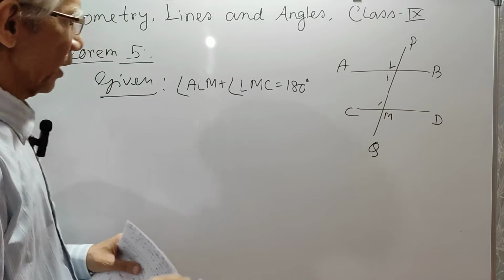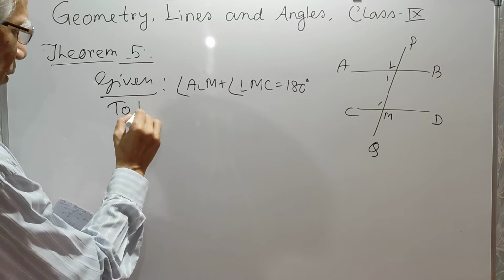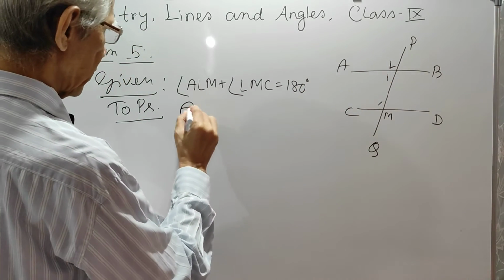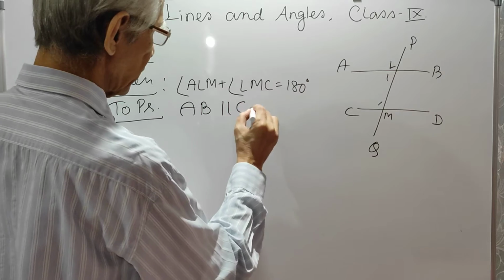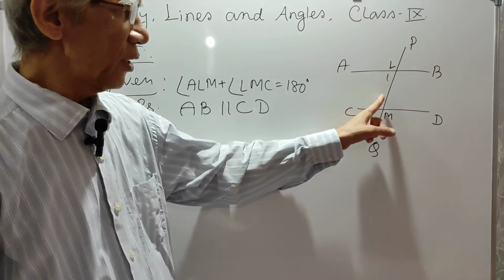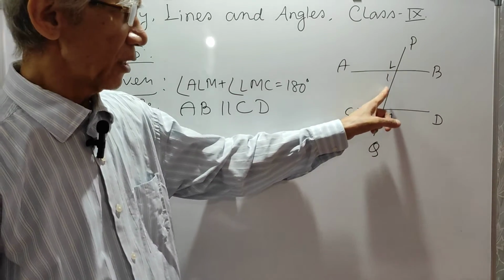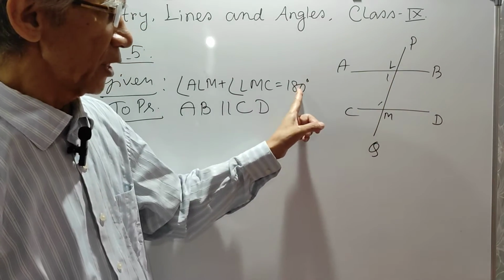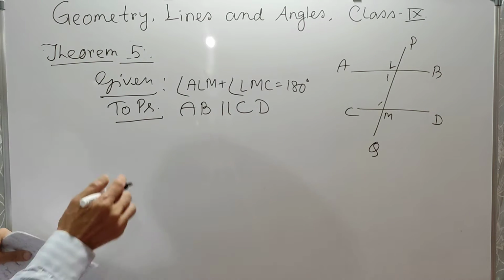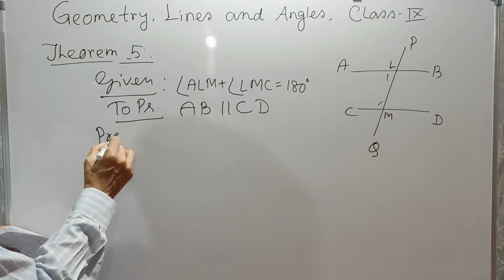This is given. And what to prove? To prove AB parallel to CD. So in this theorem, it is given these two angles together 180 degrees, sum of co-interior angles 180 degrees, and you have to prove AB parallel to CD. Okay. All right.